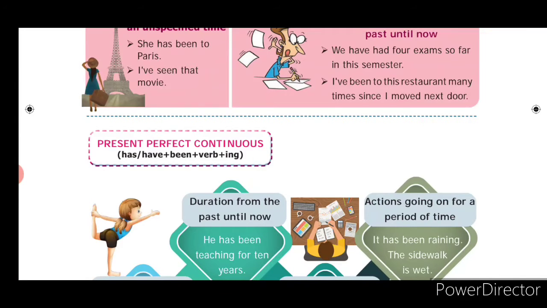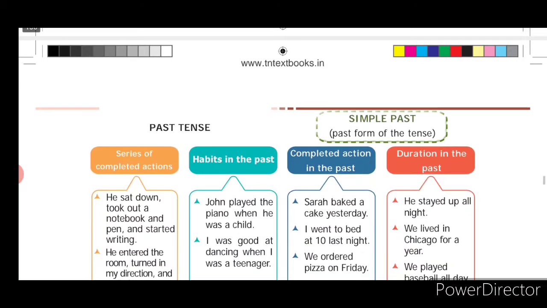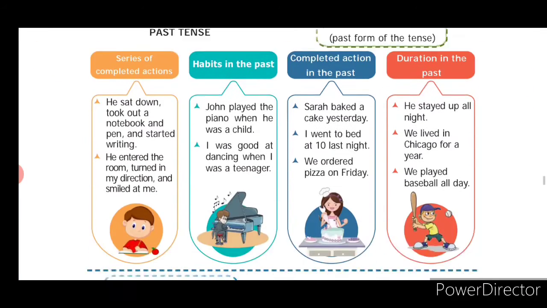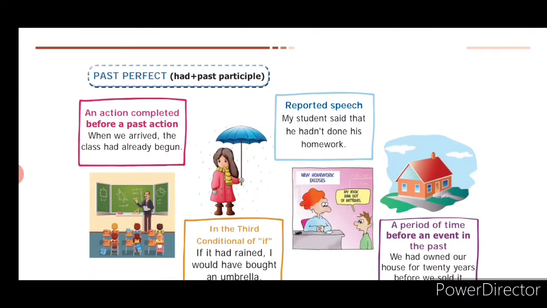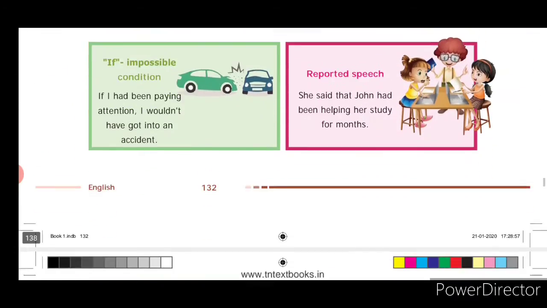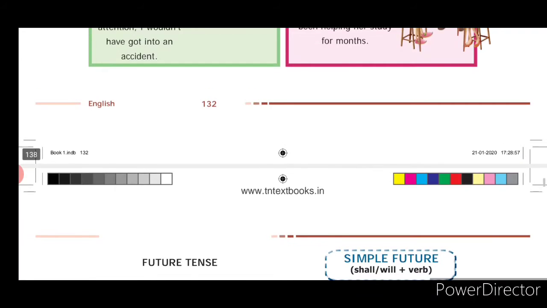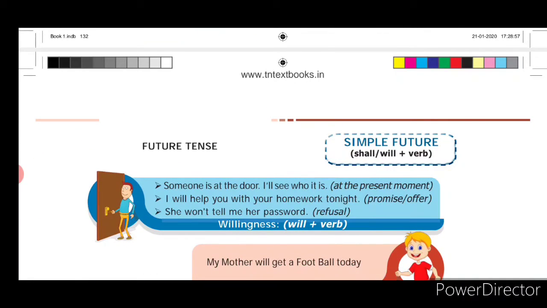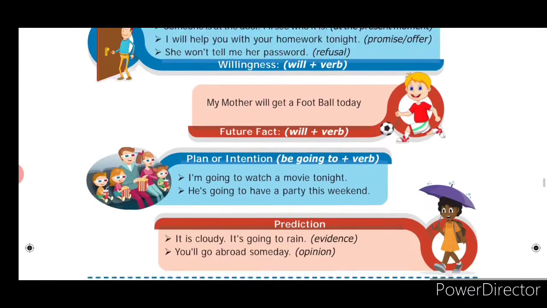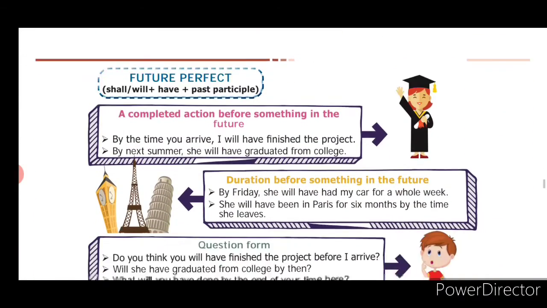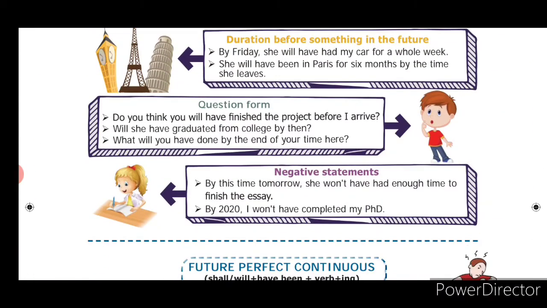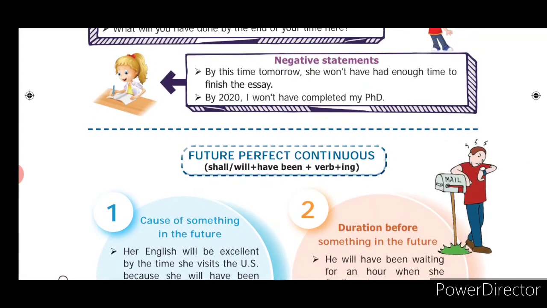In the same way, past tense is further divided into simple past tense, past continuous, past perfect tense and past perfect continuous tense. Okay. Next, finally, it's the future tense. Future tense is divided into four aspects. They are simple future, future continuous, future perfect and finally future perfect continuous tense.